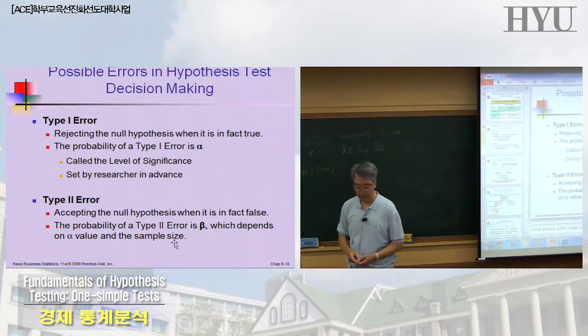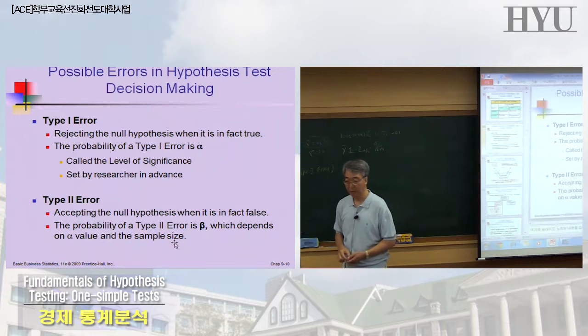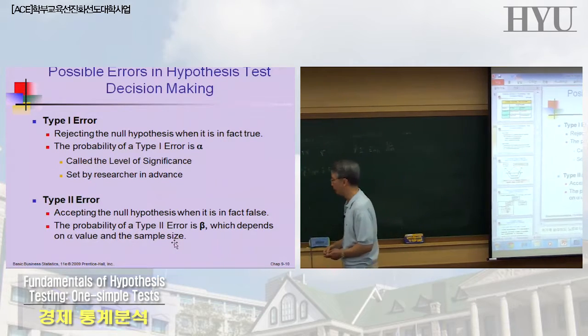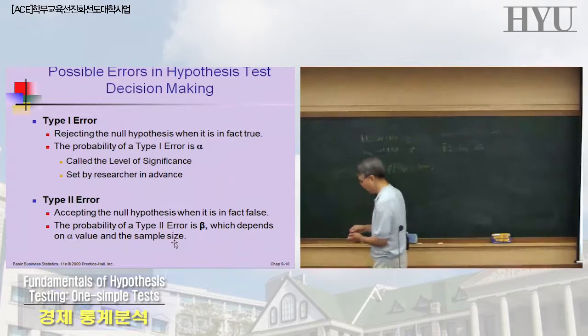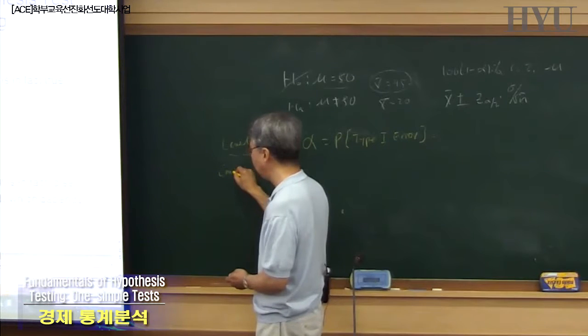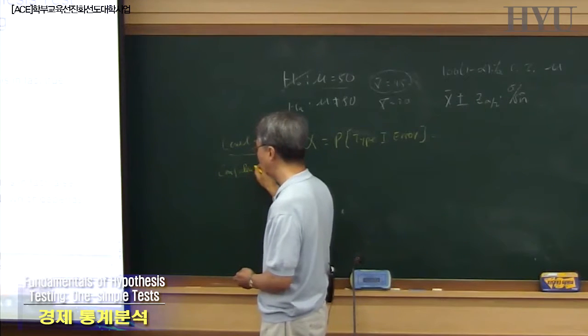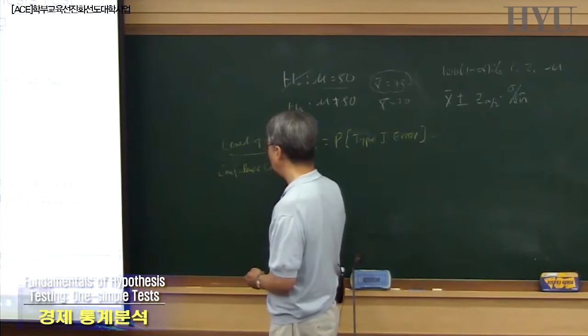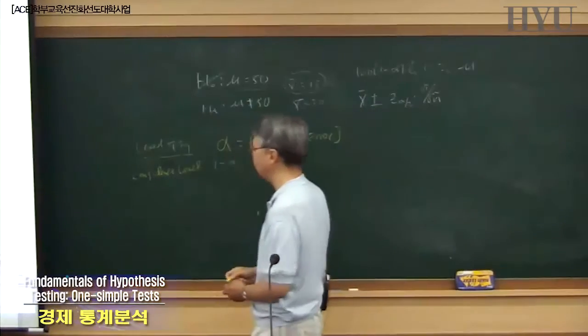And this probability is set by the researcher in advance, depending on the level of confidence you require. Remember, the confidence level is 1 minus alpha.